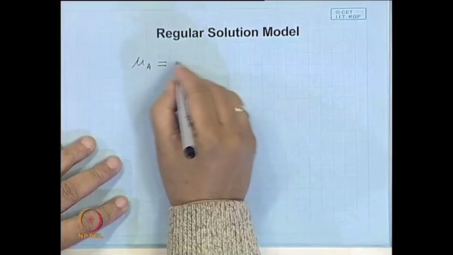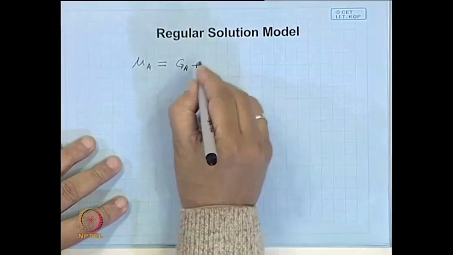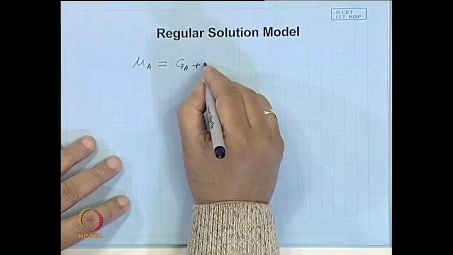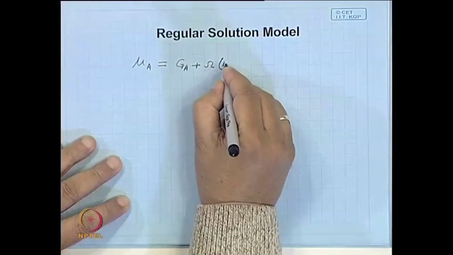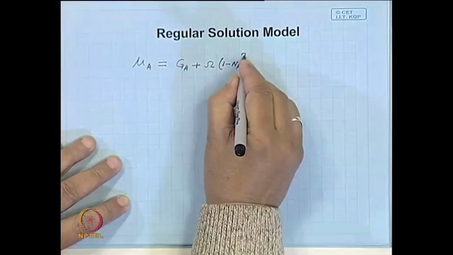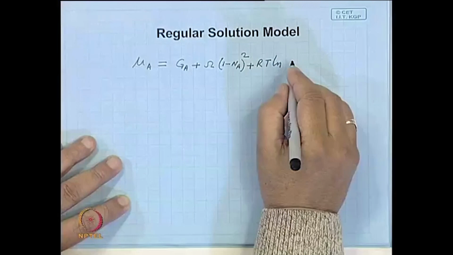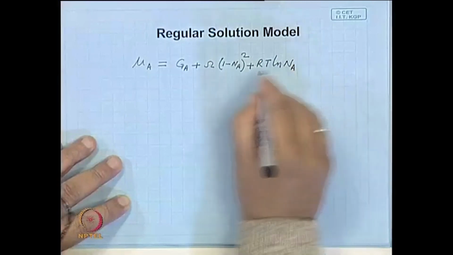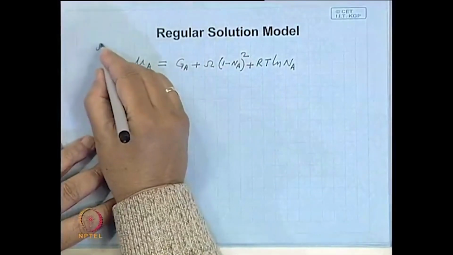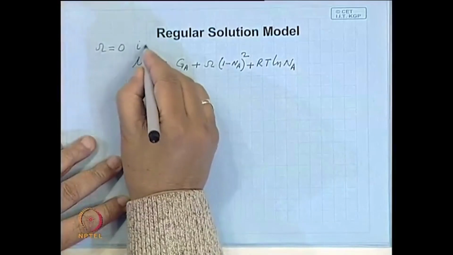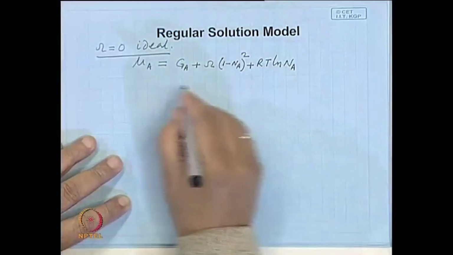So this is equal to the standard state, then you have omega times (1 minus Na) square plus RT ln Na. Had it been an ideal solution, omega would equal 0. But in this case, this is this.